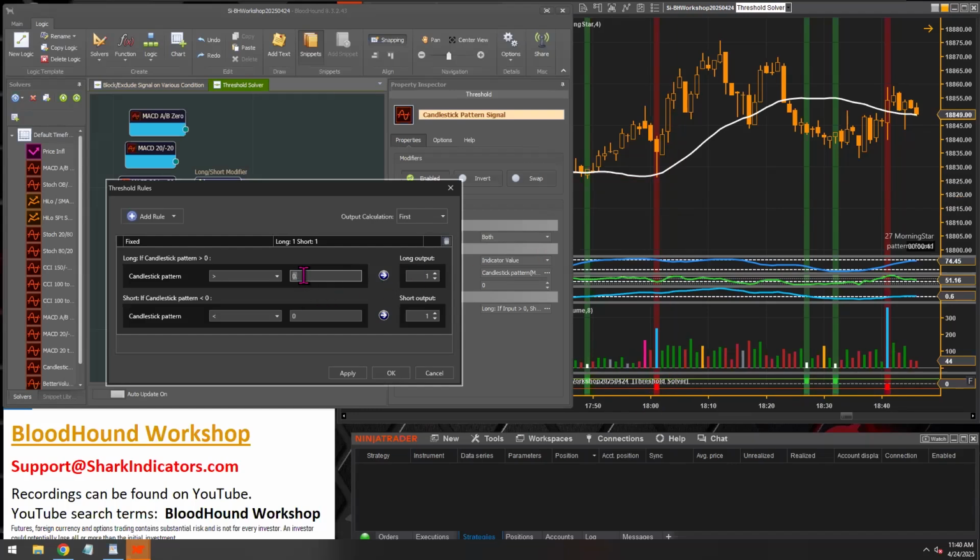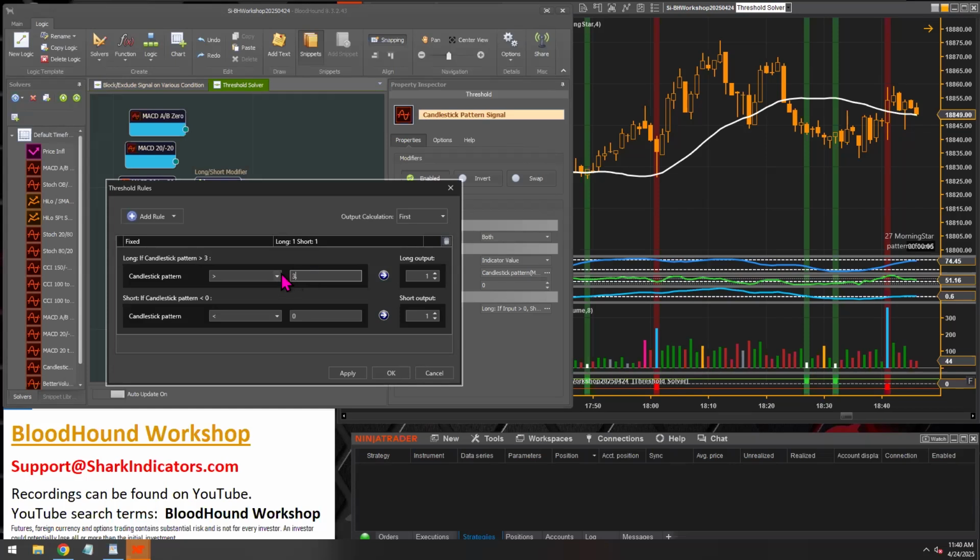Some indicators, I have come across a small handful of indicators, might give you a positive 1 for, say, a weak trade signal, and then it might give you a positive 2 for a stronger signal, and who knows, maybe even a 3 for a very strong signal.